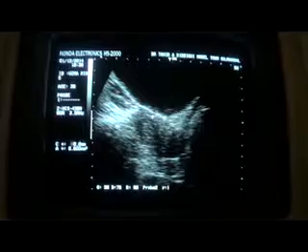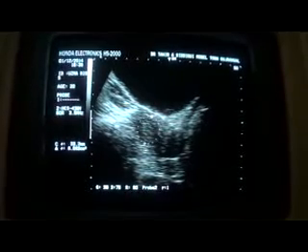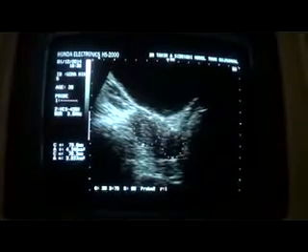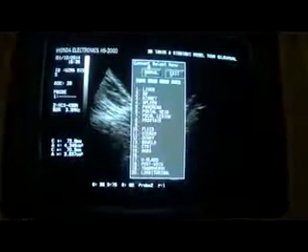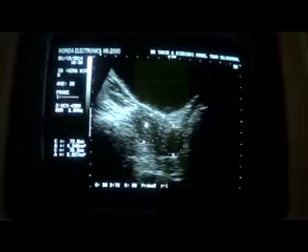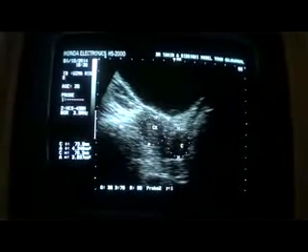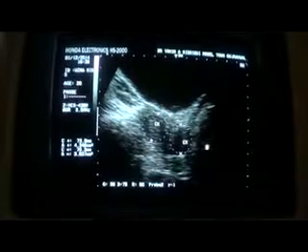This is cervix number 1 on the right side, this is cervix number 2 on the left side, suggestive of the fact that we are seeing uterine didelphys.